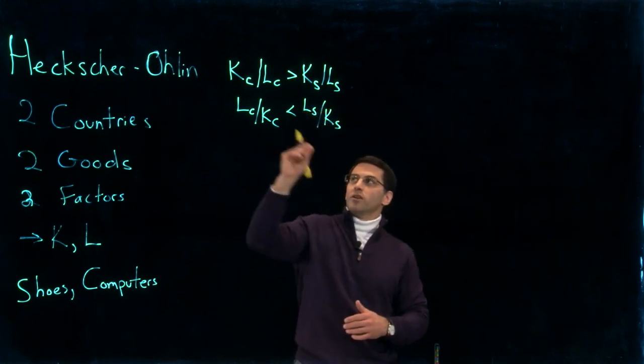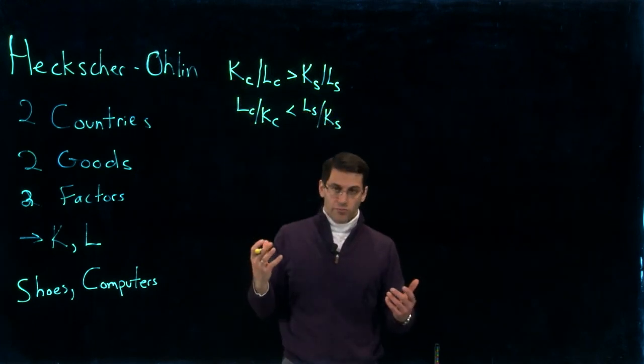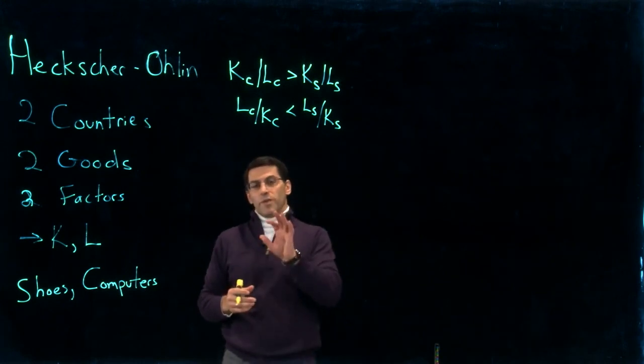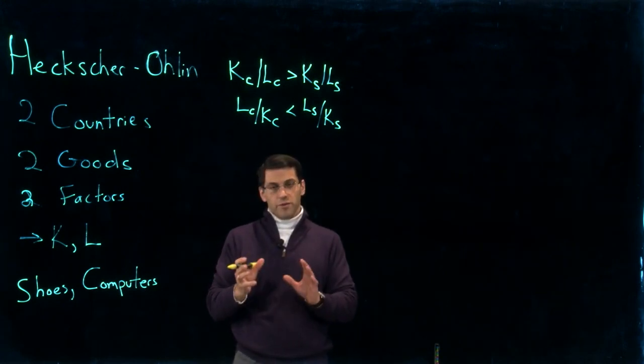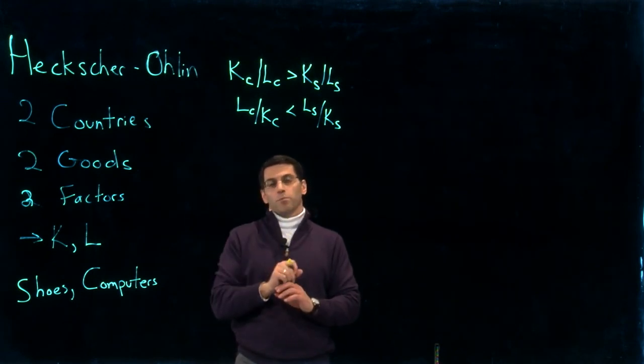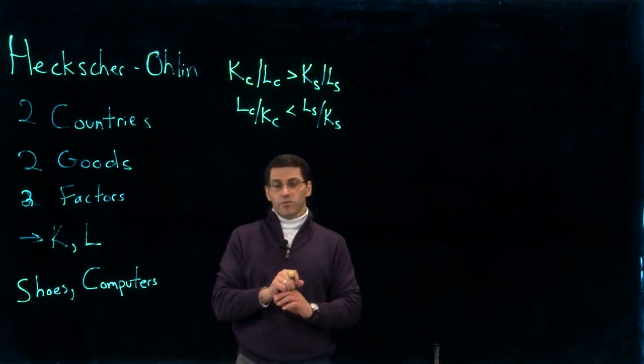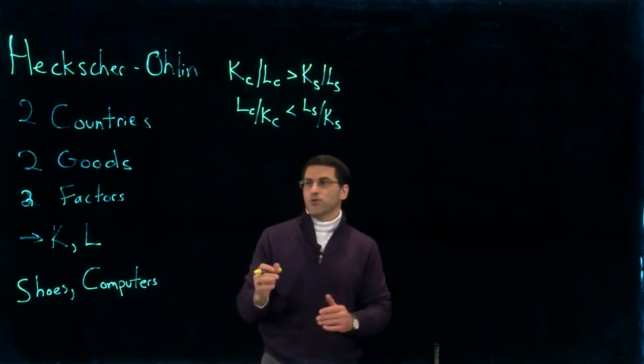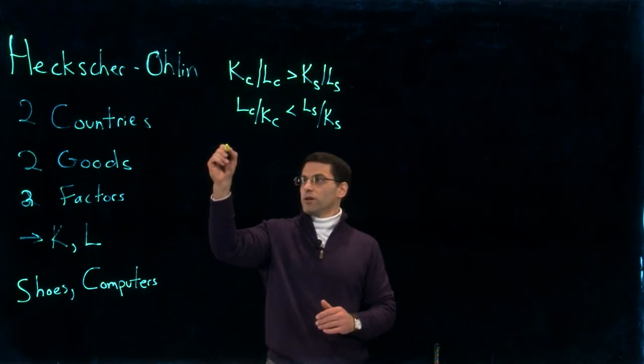If one of these is true, then the other is true. So that's one key assumption we're making for the setup of this model: production in computers is capital intensive.